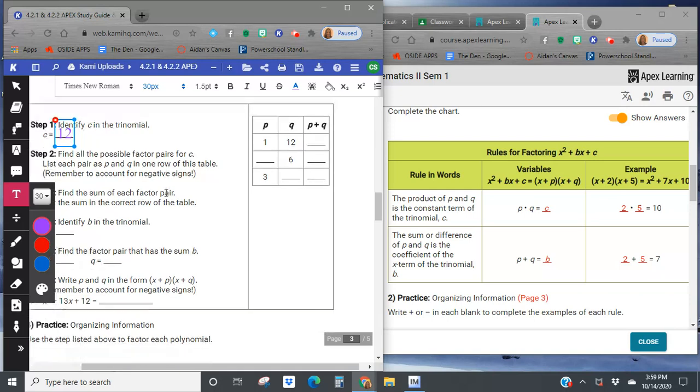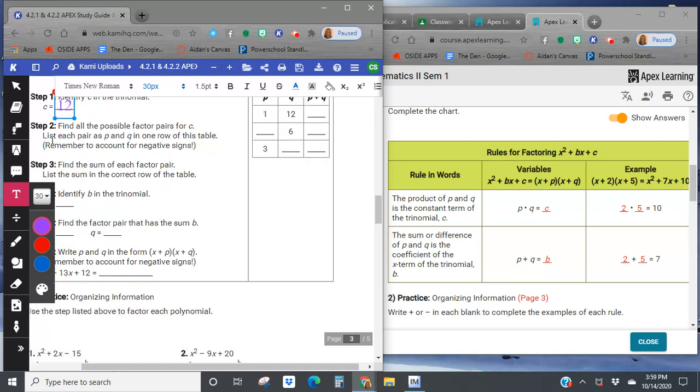So find all the possible factor pairs for c, and then list each pair as a p and q in one row. So for example, 1 and 12 make 12. 2 and 6 make 12. 3 and 4 make 12. So those are all my factor pairs.